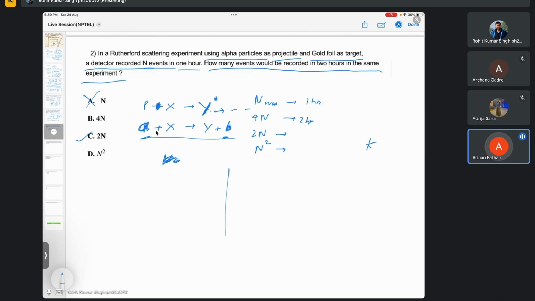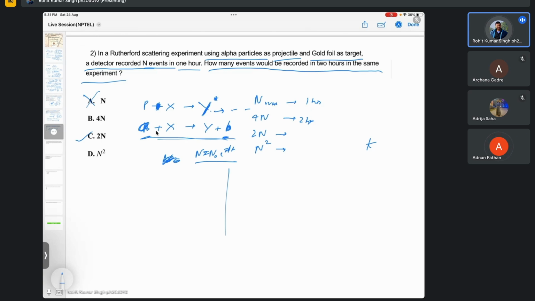So for scattering we assume gamma is a probability, the probability of the particle hitting the target particle, and n naught is the density of target particles, and time is the time of observation. No. Radioactive decay is a very different thing.